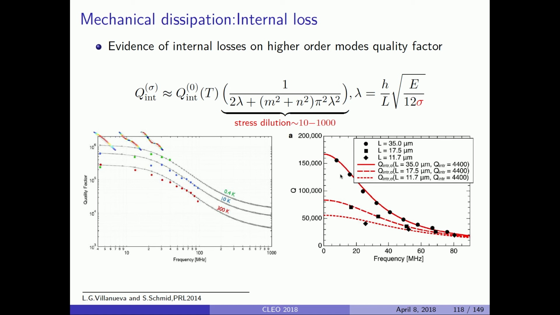And what you have to understand is that this lambda parameter is very small. So if you're limited by this clamping contribution, 2 lambda, then the lambda squared term is negligible. So by playing with the mode shape, you can eliminate the 2 lambda dependence and only be limited by this curvature term, which goes like lambda squared.